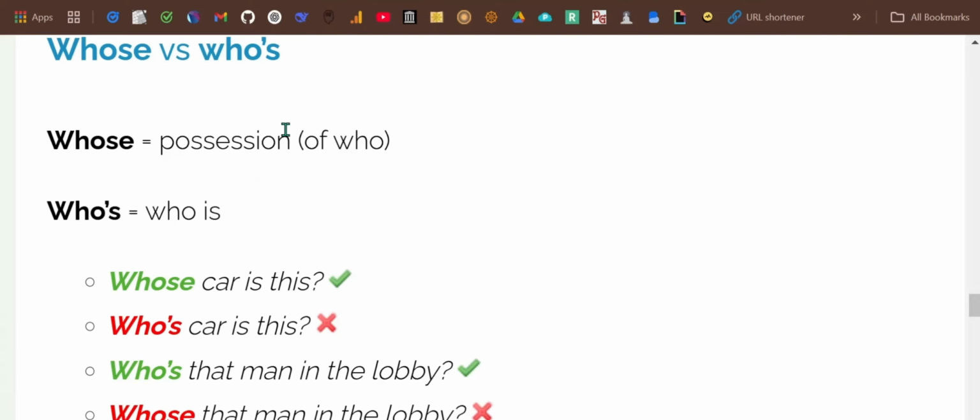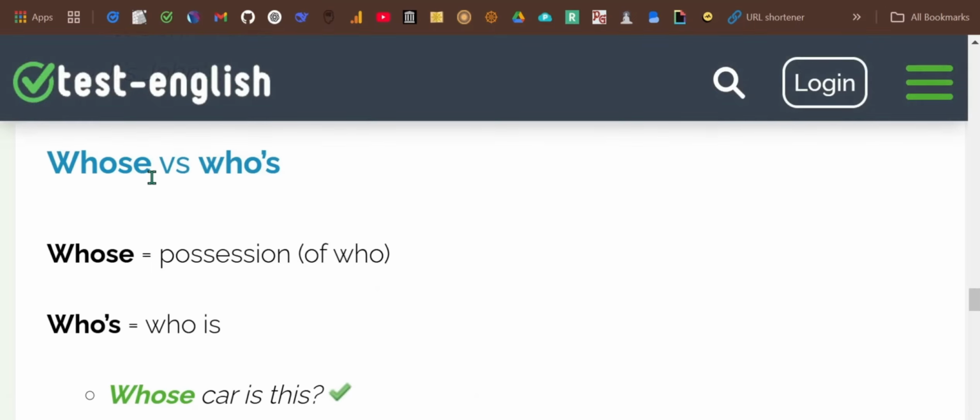Let's see whose versus who's. Look at this. How do you say this? Whose is the same sound. So whose is the possessive of who.